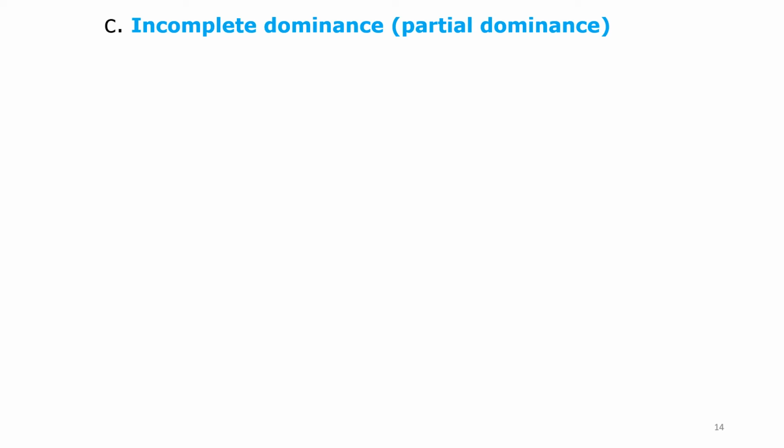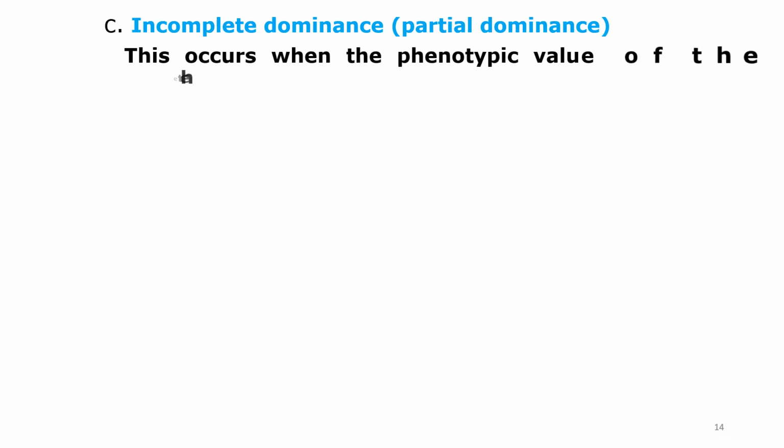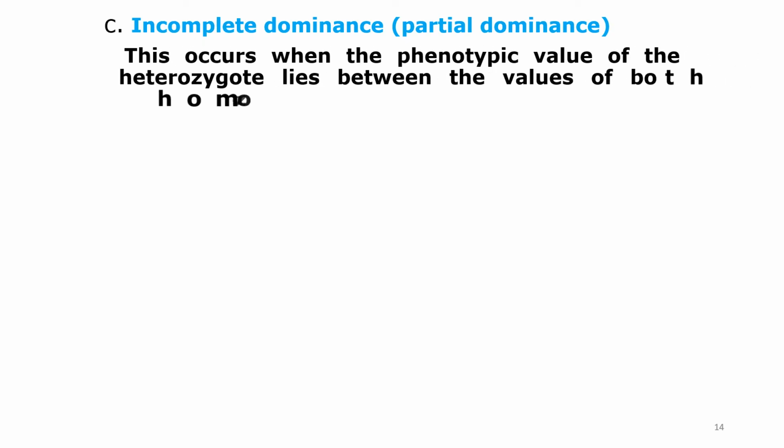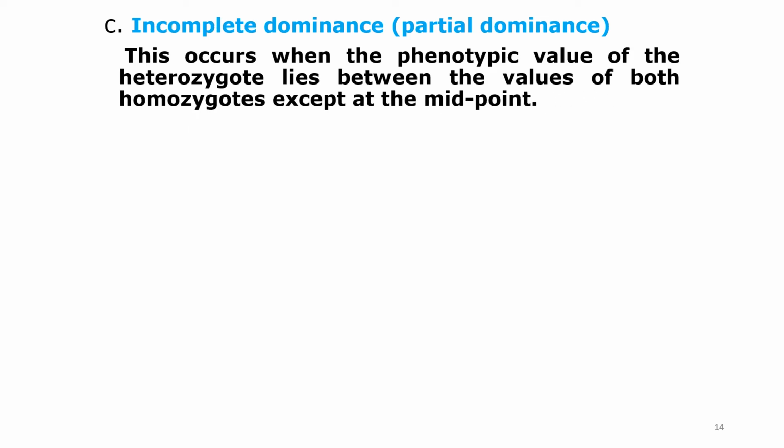So the third type of dominance interaction is what is known as incomplete dominance or partial dominance. And in this case, what happens is that the phenotypic value of the heterozygote will lie somewhere between the values of both the dominant homozygote and the recessive homozygote. But where it is lying is not usually at the midpoint.